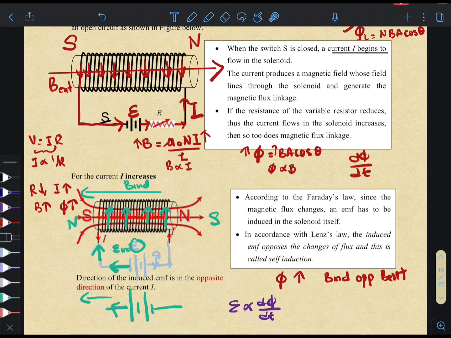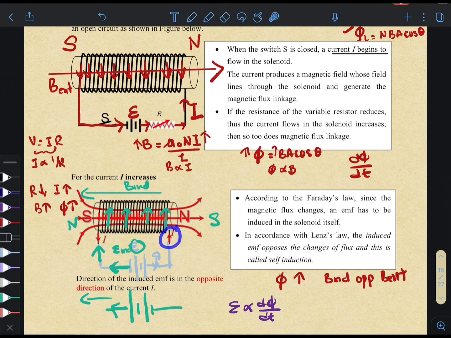Red color adalah the initial one. So the initial current is going up. So for it to go up at this particular point, dia kena keluar daripada sini. So however, induced EMF kamu tengah bagi current in the opposite direction. So itu maksud dia induced EMF is opposite to the direction of current yang asal. So I asal dengan I induced opposite sebab ini dua sama lah kan.